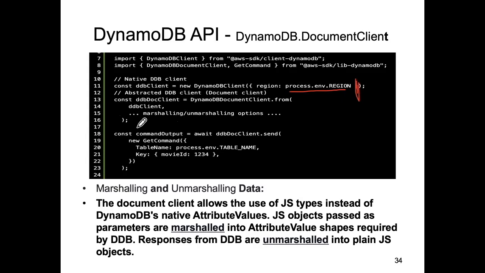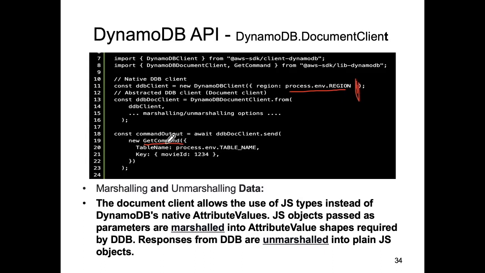Now, the way the document client is designed, you have to pass it what's called a command object. And here I am creating an instance of one particular type of command object, the get command object, which you would nearly guess is the command object that you would use if you want to do a read operation, and specifically a read of a single item from a particular table.